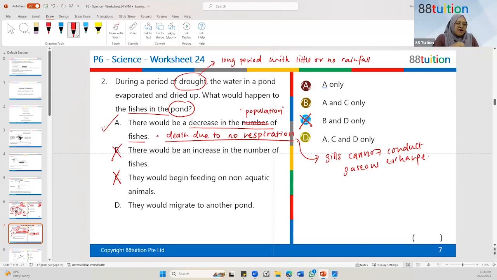They cannot. So why would they suddenly go and feed on land animals? Non-aquatic animals simply means land dwellers. Okay, land animals. Okay, they would migrate to another pond. How? They jump across, is it? Cannot. It doesn't happen. Maybe in cartoons. But so then the answer is only A.